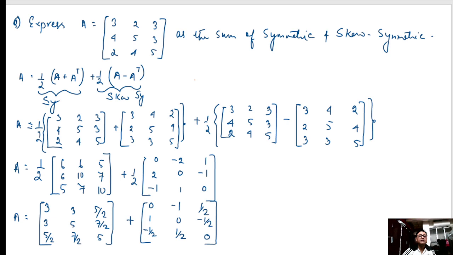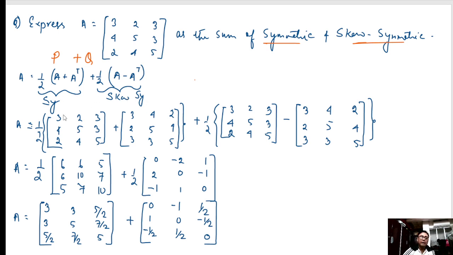So now let us do this. Express A, this matrix given, as the sum of symmetric and skew symmetric. So we all know that any matrix can be written as the sum of symmetric and skew symmetric. As I already showed you, it was P plus Q, and P was written like this, symmetric, and Q was written like this, skew symmetric.